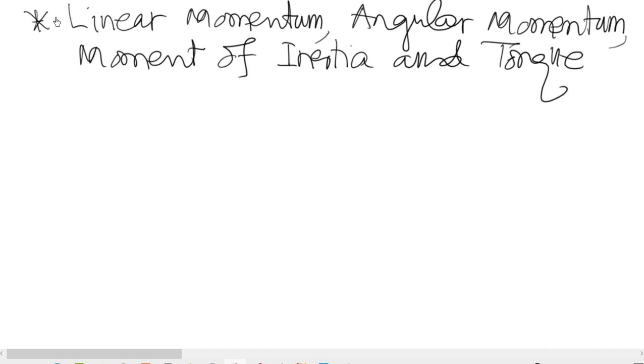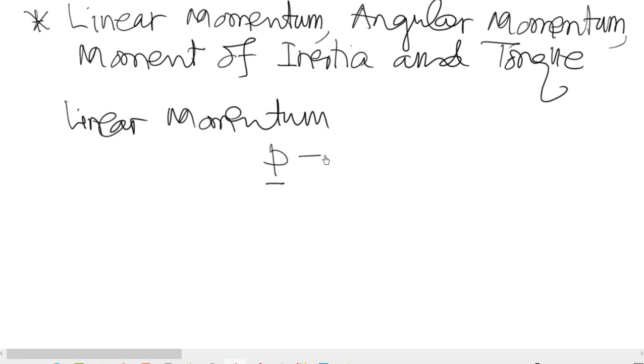First, let us define linear momentum. Linear momentum is defined by this small p equal to m into v, where m is the mass of the particle and v is its velocity.